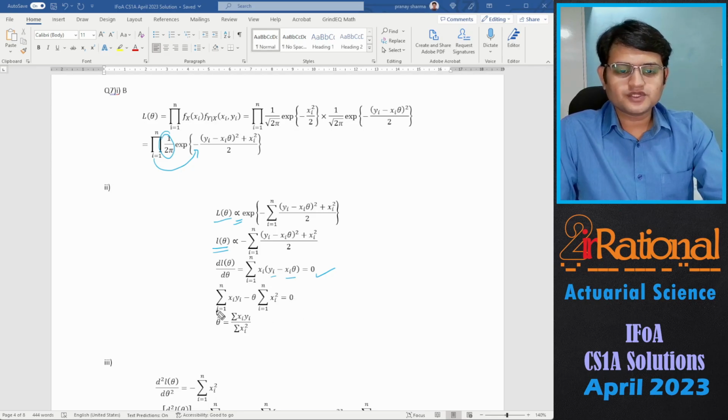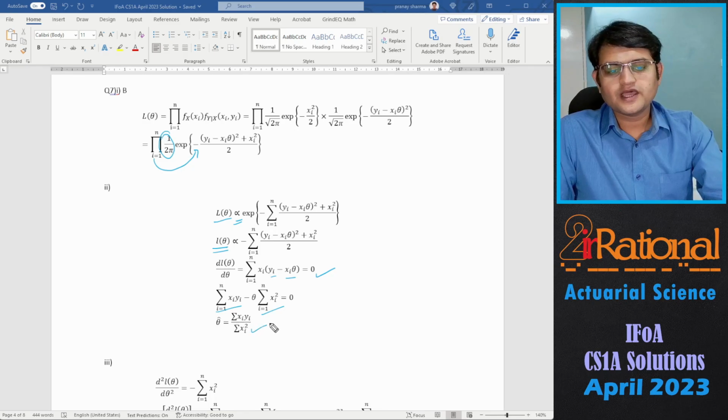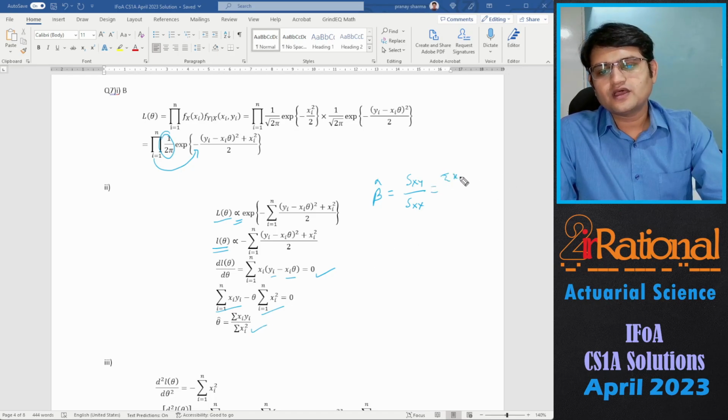So that becomes nothing but summation xy minus theta times summation x square, and therefore theta hat becomes summation xy upon summation xi square. This is basically the formula of beta hat for a linear regression, where we get sxy upon sxx. Here mean of x is 0, that is why it has been reduced to summation xy upon summation x square.